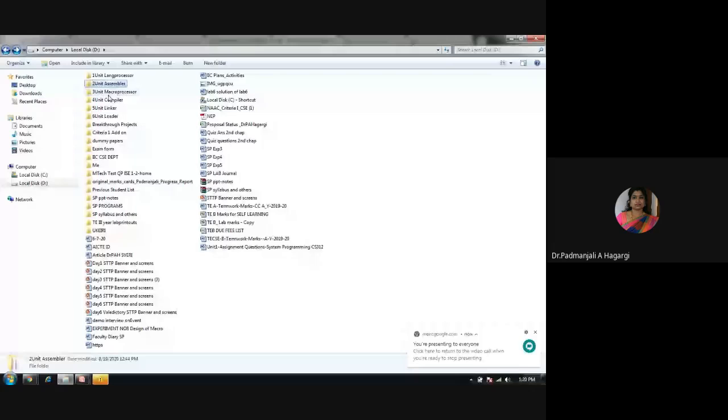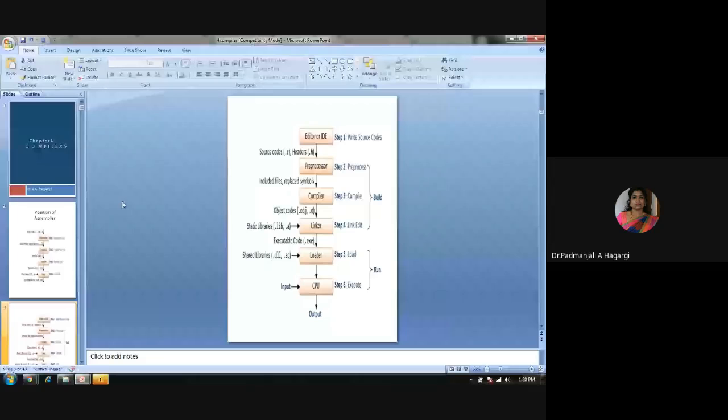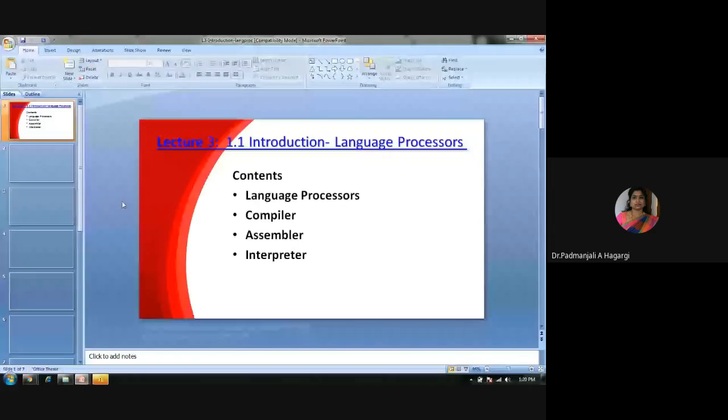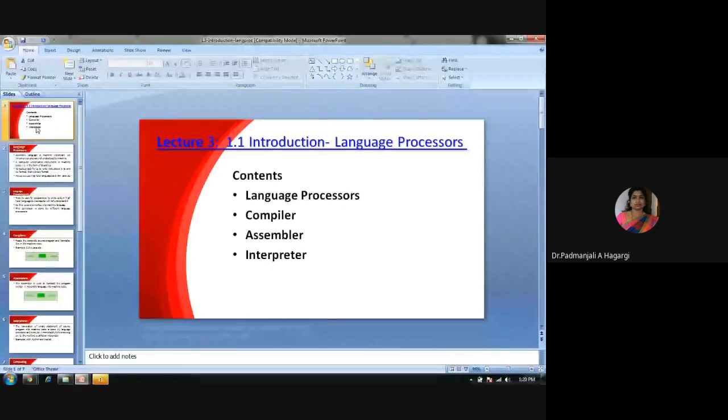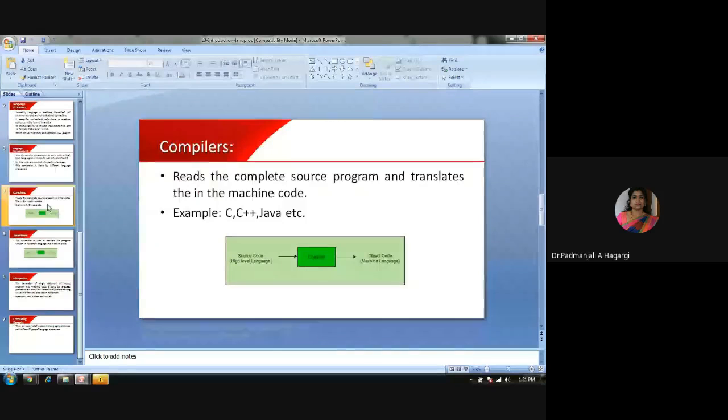We also studied the language processors in the first unit. In the language processors, I showed you how all the system softwares are used. I'll take some glimpse from the language processors. In the first chapter we studied the list of language processors and also the compilers, then loaders and linkers.